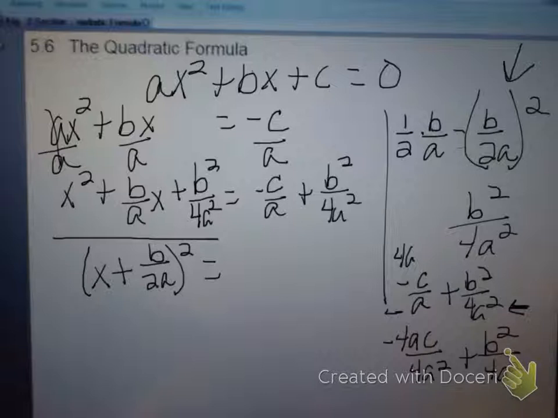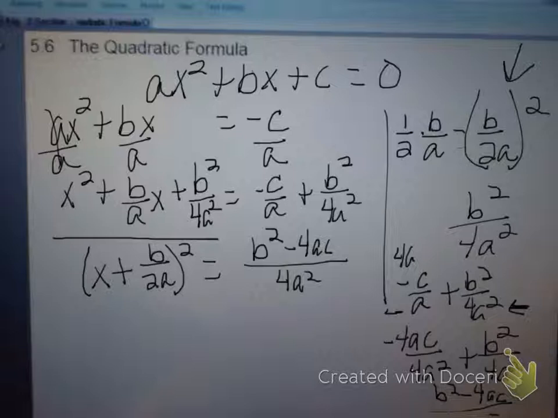So it'll say b squared minus 4ac all over 4a to the second. So that's what I'm going to write over here. b squared minus 4ac all over 4a squared.